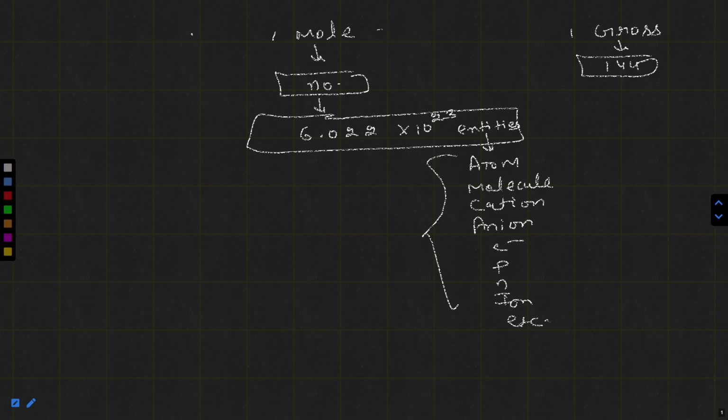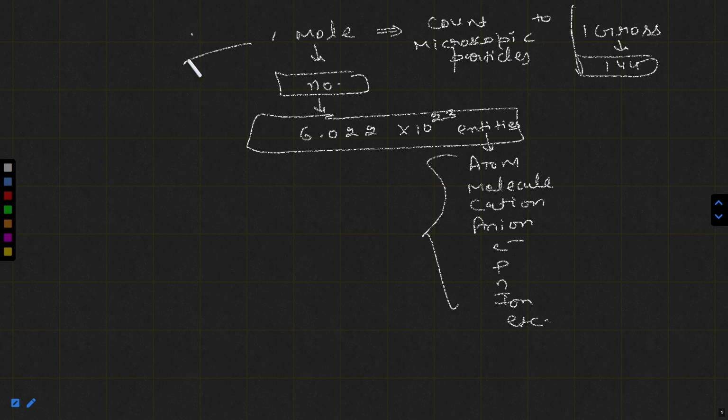It gives a count to the microscopic particles.